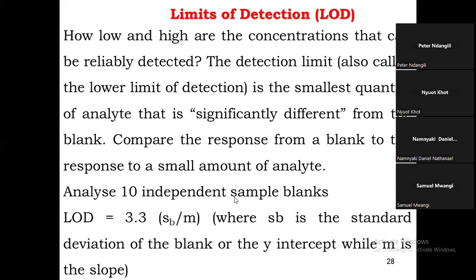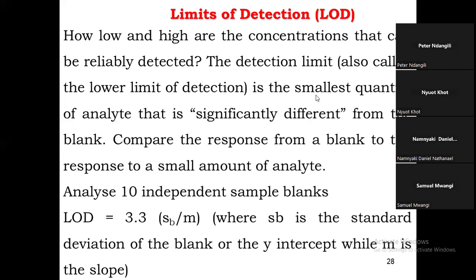We also talk about limits of detection and limits of quantitation. And we can start with the limit of detection. And here our question is how high and how low are the concentrations of analyte that can be detected reliably. This detection limit is also sometimes known as the lower limit of detection.